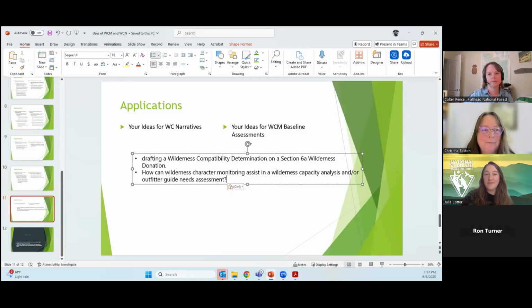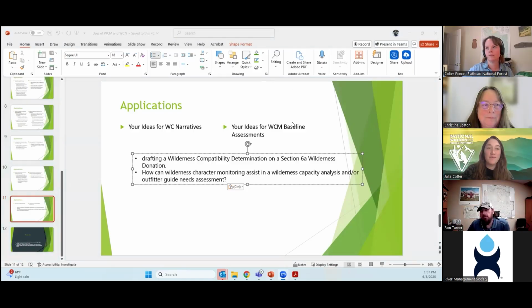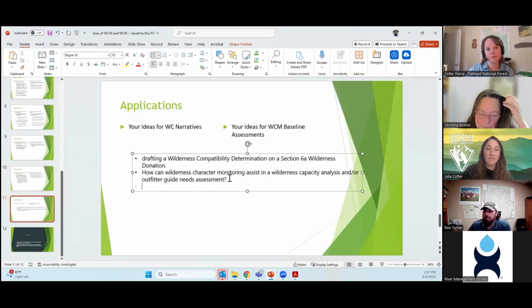I have one idea. This is Ron again. Sorry. Go ahead. Could they be utilized to expand wilderness if we have recommended wilderness areas that are in close proximity to this one, or even in some cases attached to it? Could we lean on those narratives in the baseline to support that adoption or expansion?